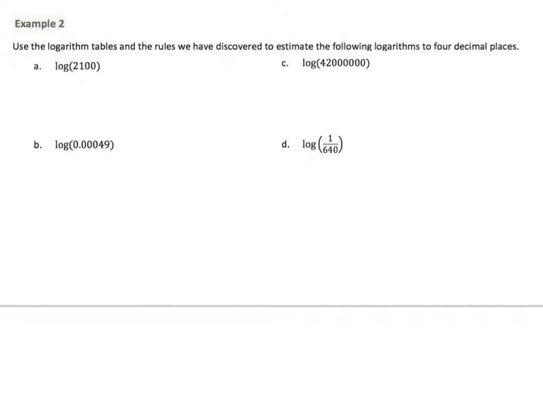All right, I'm going to do 1 or 2, and you're going to do 1 or 2. Let's try to break this one up. Use the logarithm tables and the rules we discovered to estimate to 4 decimal places. So I can break this one up to log of 10 to the 2nd power times 21. So that would give me 2 plus log 21. I don't like 21 though, right?